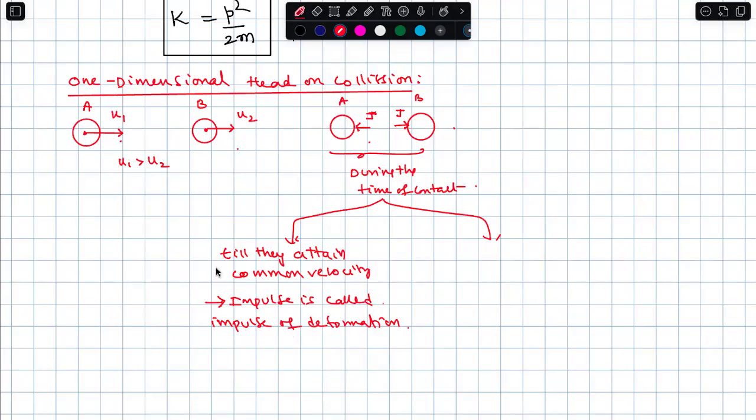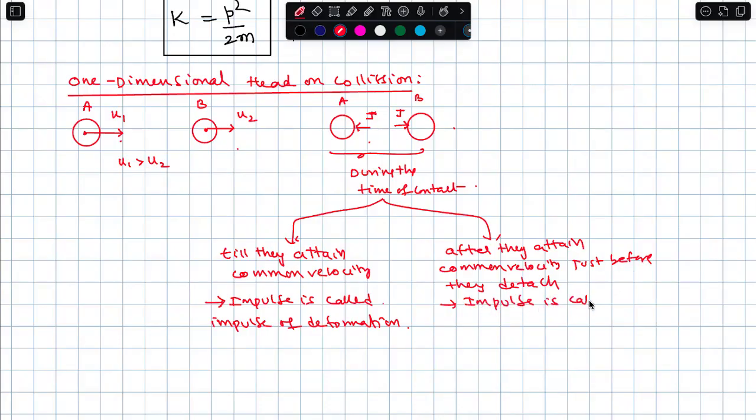Now similarly, after they attain common velocity, just before they detach, that impulse is called impulse of reformation.